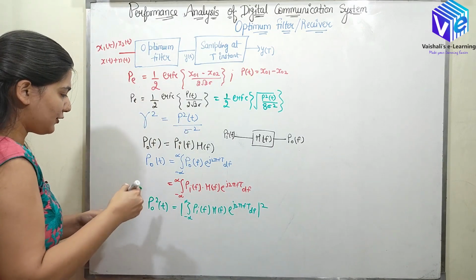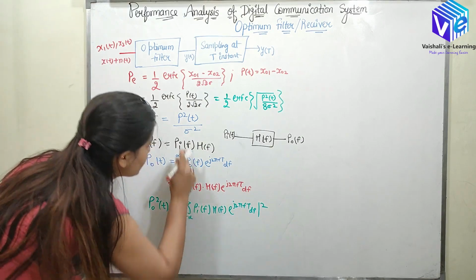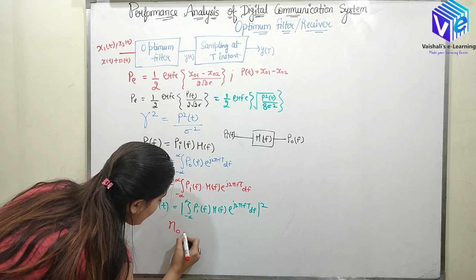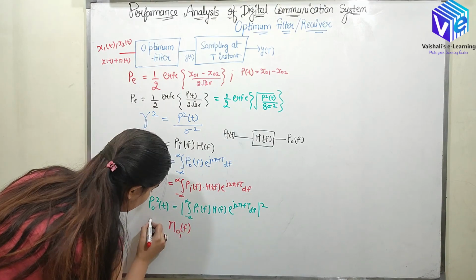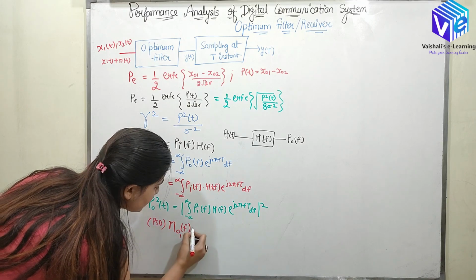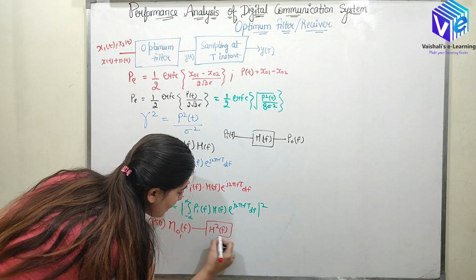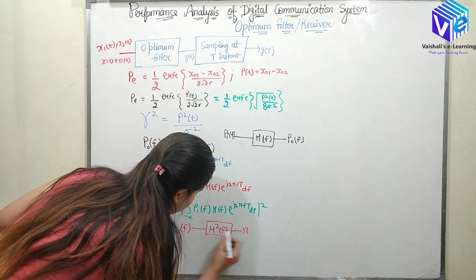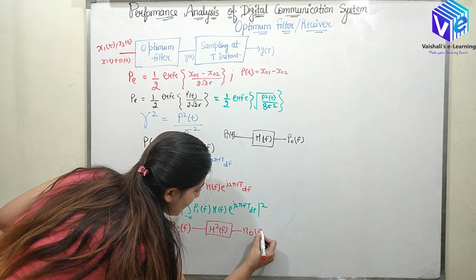Now the second term is the noise, sigma square. Similarly, n output f is the power spectral density. The power spectral density follows this principle: it is multiplied with h square f to get the output, where here I have an input and here an output.